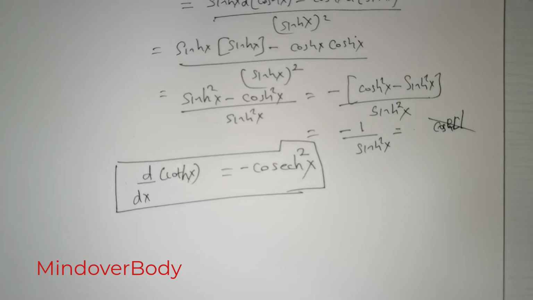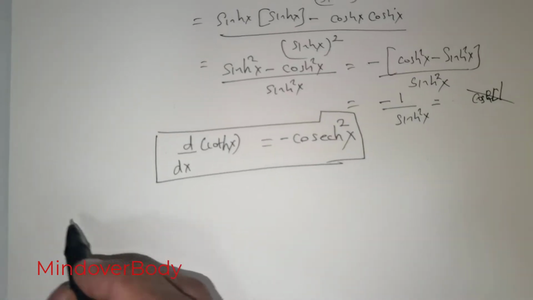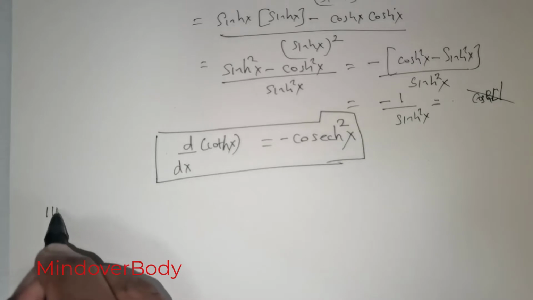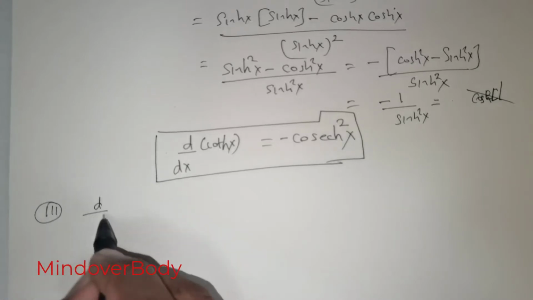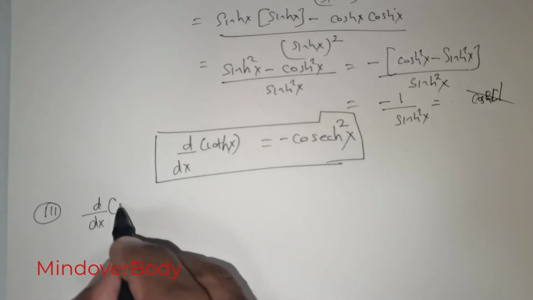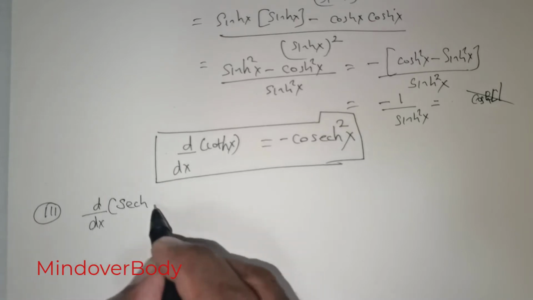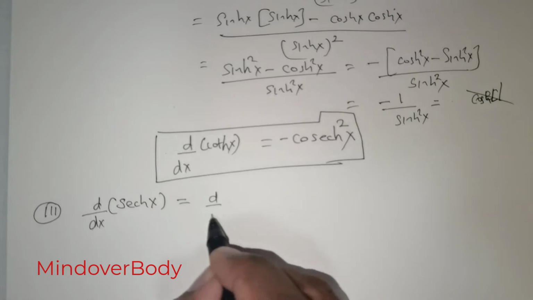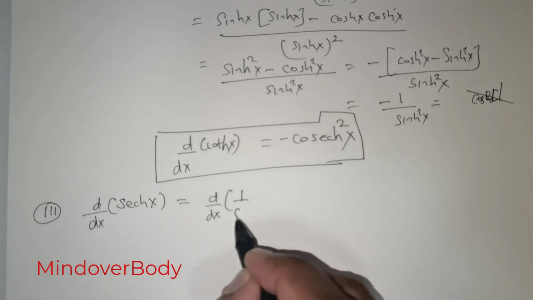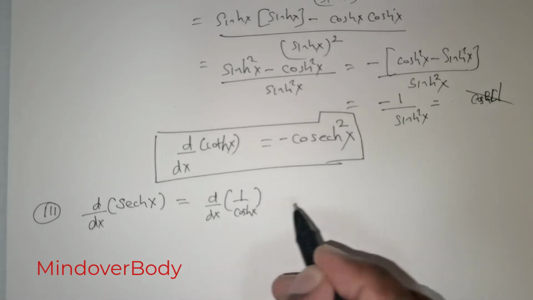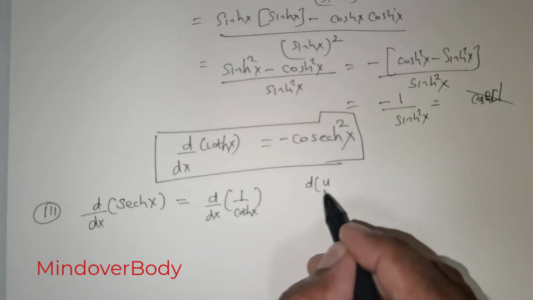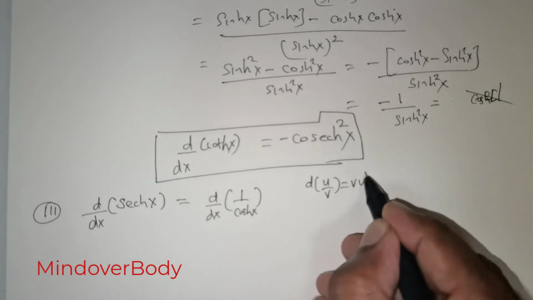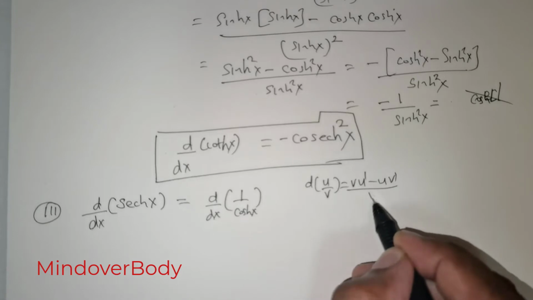Now having got that, let us move on. The next question, 111, I would want to know the differentiation of hyperbolic secant x. Now this is equal to d over dx of 1 over cosh x. I can use the quotient rule, v times u dash minus u times v dash over v squared.